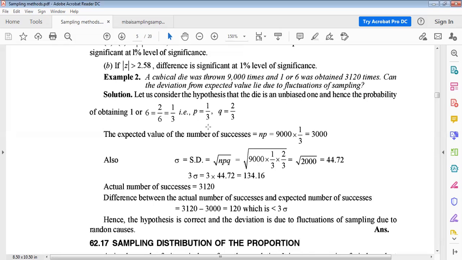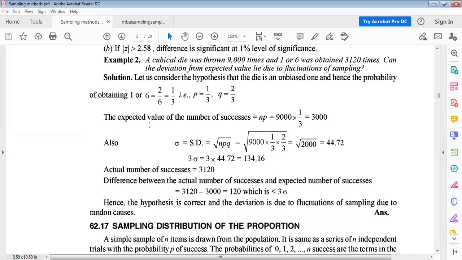So the probability of success will be 1 by 3, and the probability of failure will be 1 minus p, 1 minus 1 by 3, which is 2 by 3. Because total probability p plus q equals 1. Now the expected number of successes is np, this is the formula for the mean.